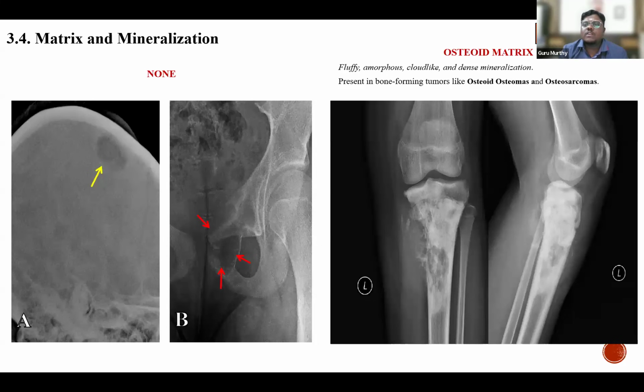Usually, whenever you see an osteoid matrix, it could be osteoid osteoma, and most commonly it will be a malignant osteosarcoma. Your osteoid matrix will usually appear as an amorphous, cloud-like or dense area. It also can be fluffy, but it will be a more uniformly amorphous dense area.